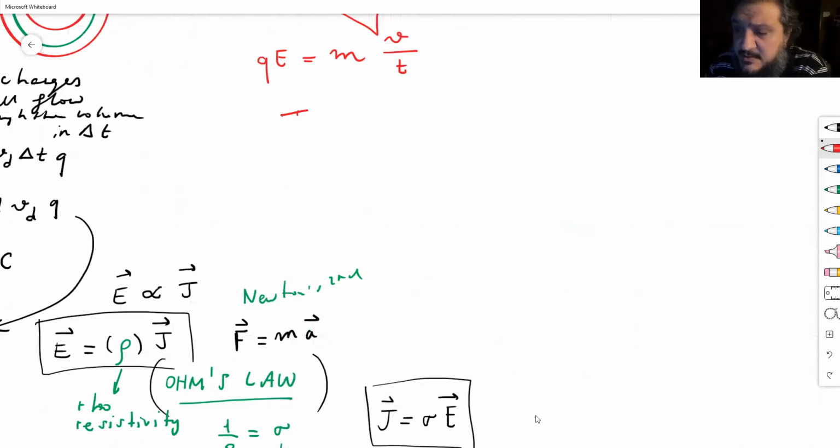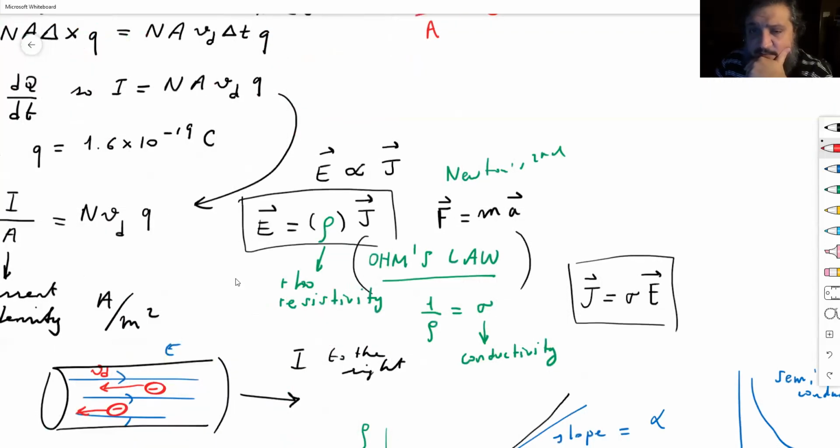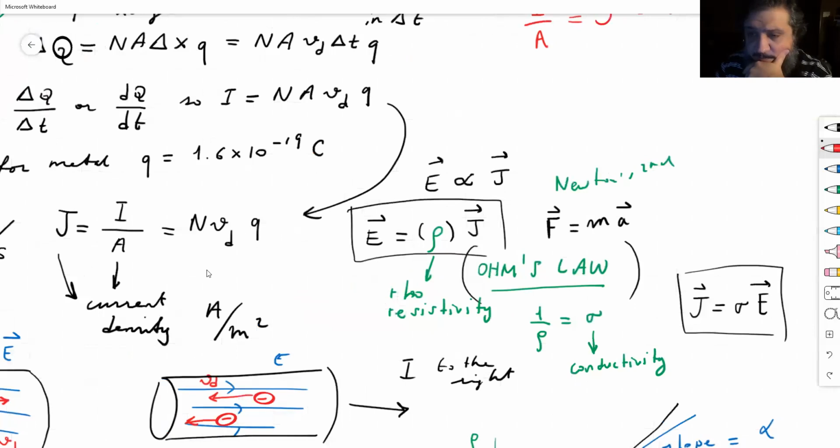So J equals conductivity times electric field, and J is current density, the current over some area A. I think I found the formula. Yeah, let's use this here.